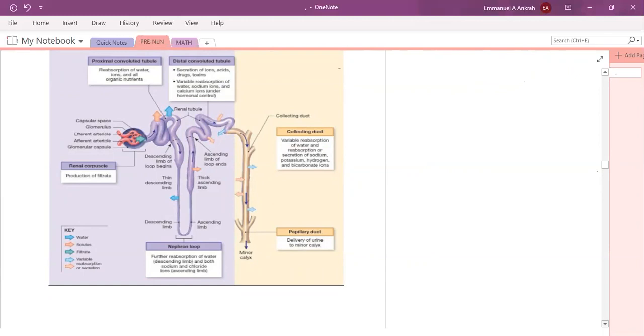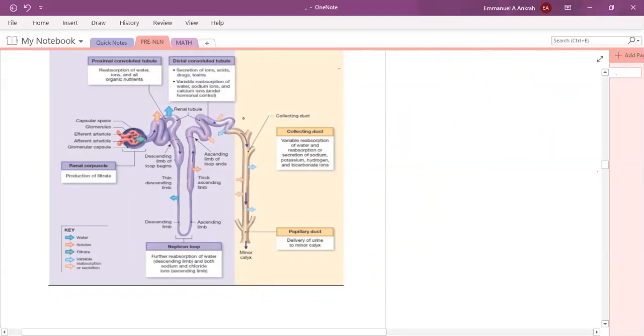All right, present: reabsorption of water, ions, and all organic nutrients in the proximal convoluted tubule; distal convoluted tubule: secretion of ions, acid, drugs, toxins, and then variable reabsorption of water, sodium ions, calcium, under hormonal control.